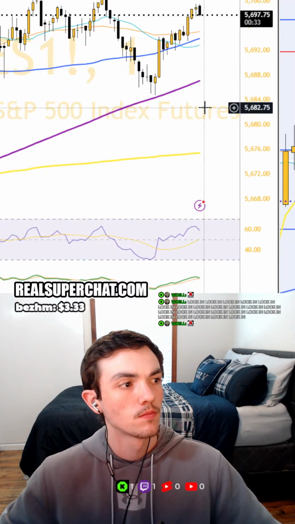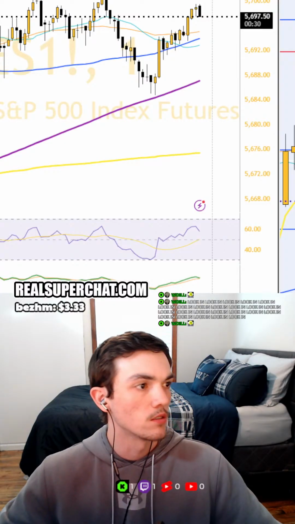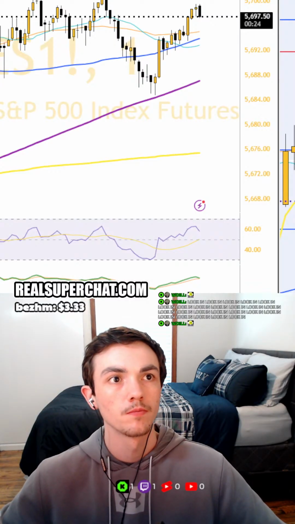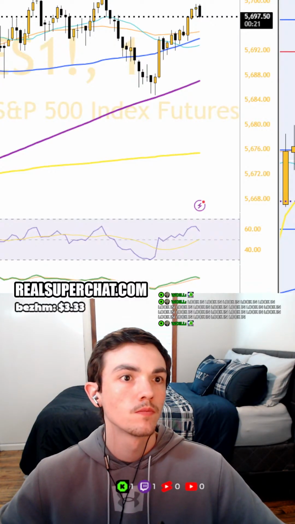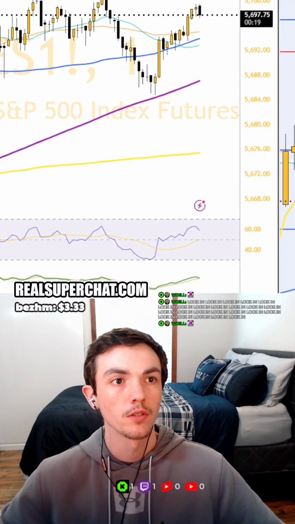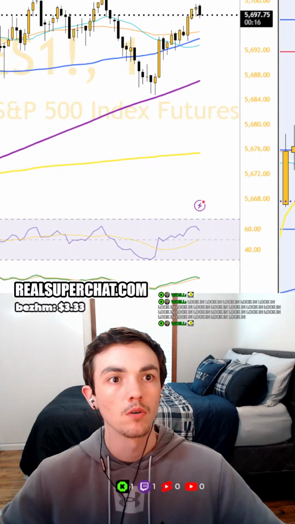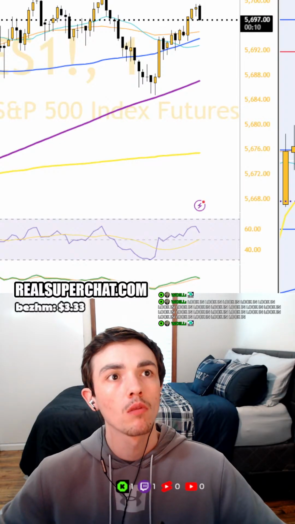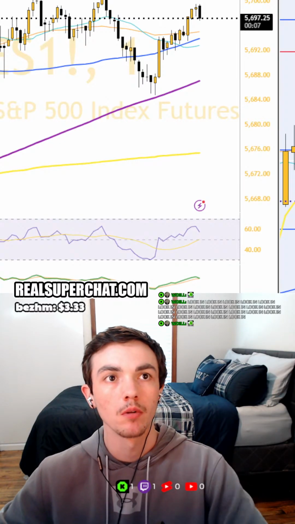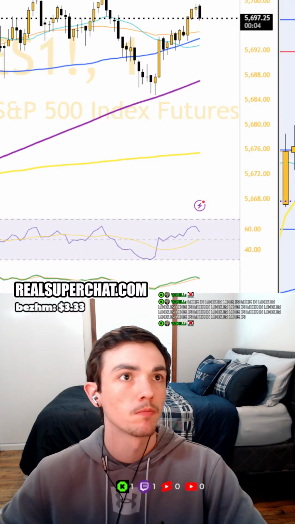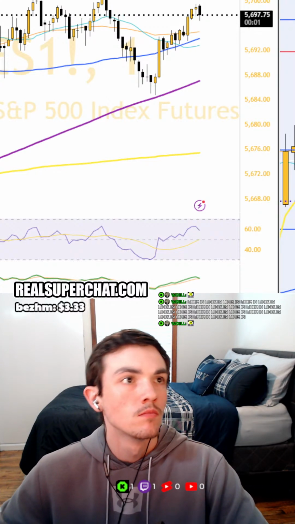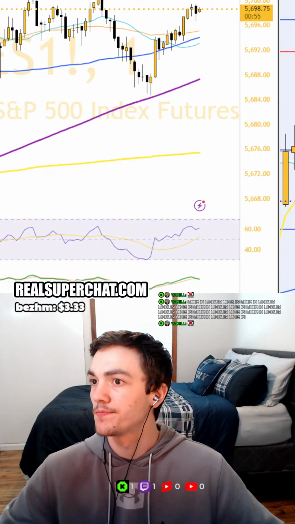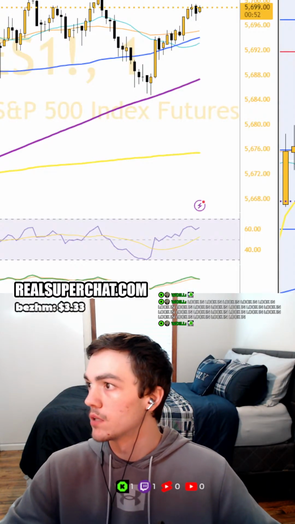RSI is dipping. And Q's up 1.5% on the day. ES 1.3. Volatility's dropping even more. It was 6% about an hour ago. Bitcoin stabilizing, if not dropping. 30-minute looks like it's gonna pump. 5-minute looks like it's gonna pump.